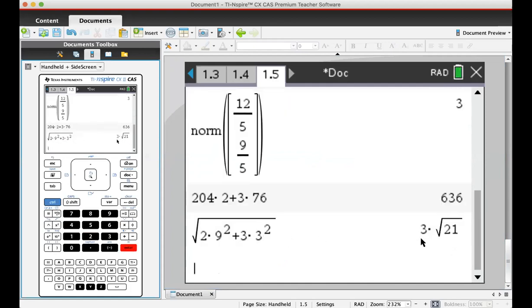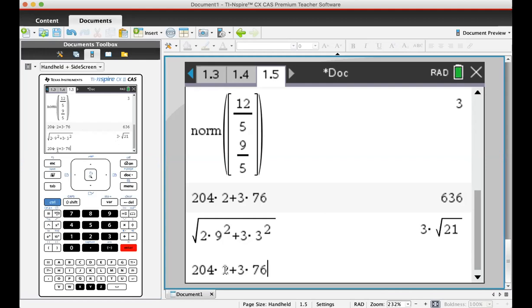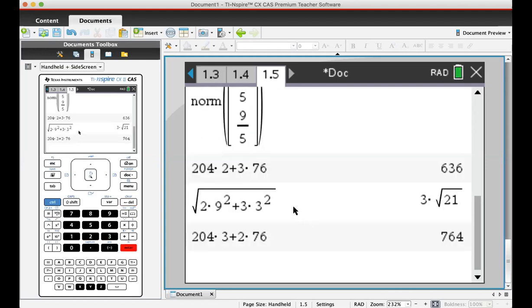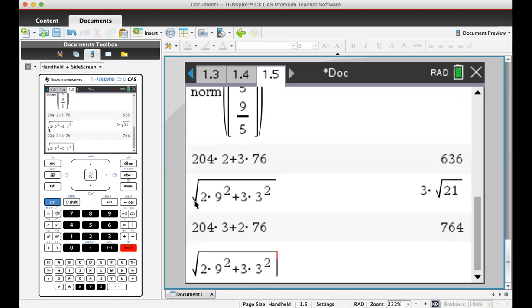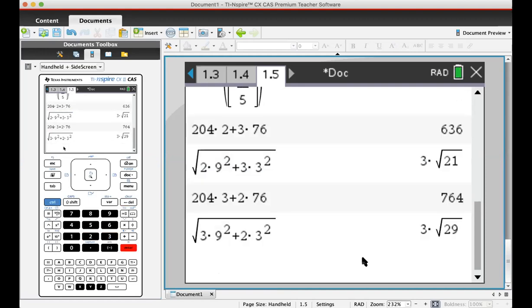Something goes wrong here. Okay, I see where I went wrong. It should be the other way around, 3 oranges and 2 lemons. So it should be 3 here, 2 here, giving 764. And this one should be 3, this one should be 2. So 3 root 29. Option A will be our correct option.